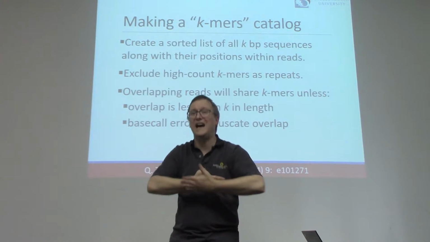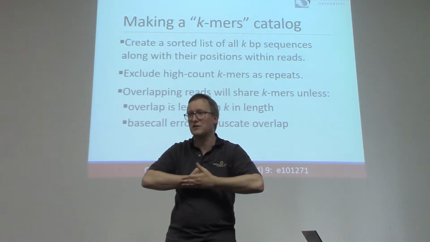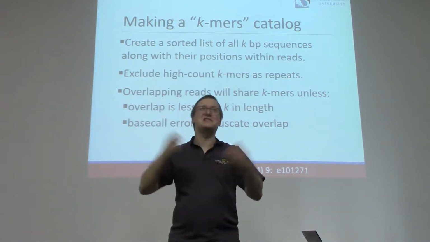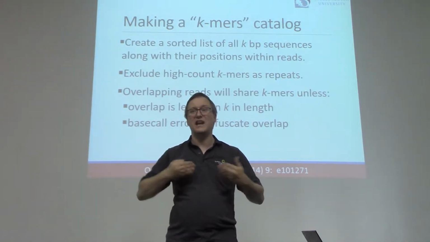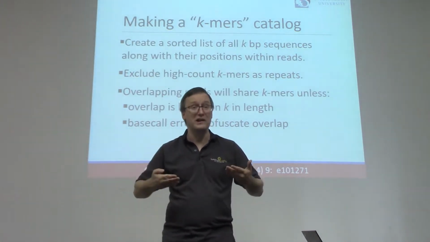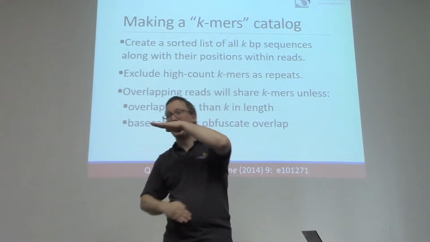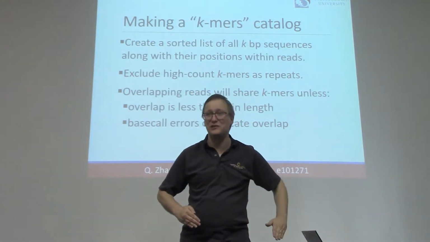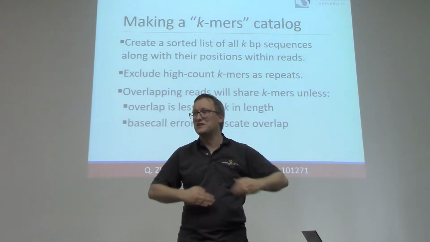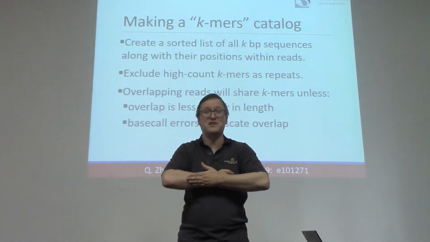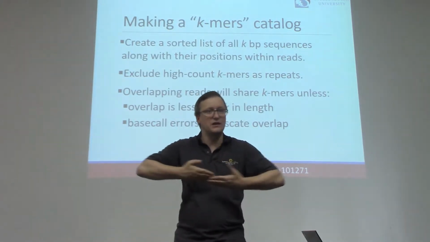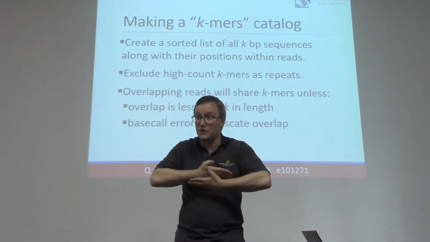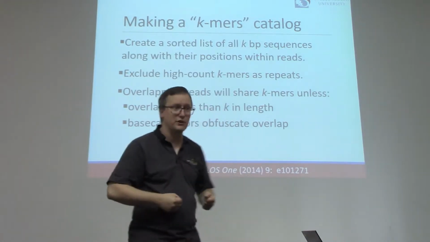So we set k to a high enough value that we can find the overlaps. But if you set it too high, let's say if you have reads that are 75 nucleotides long, you set k to 74. Well, that's going to be great so long as you have a read starting at each position in the genome, but it's going to prevent you from finding a lot of overlaps that are legit. So the length of k describes the amount of overlap we require between two reads before we stick them together.